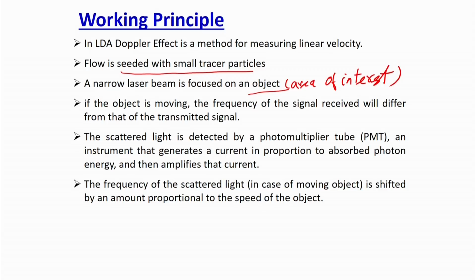The frequency of the signal received will differ from the transmitted signal. So, the frequency will be different from what it is without having the particle in the source. So, you will see the difference in the frequency, or the signal. Now, that scattering which takes place because of the presence of the particle can be detected by a photomultiplier tube, which is an instrument that generates a current in proportion to absorbed photon energy and then amplifies that current.